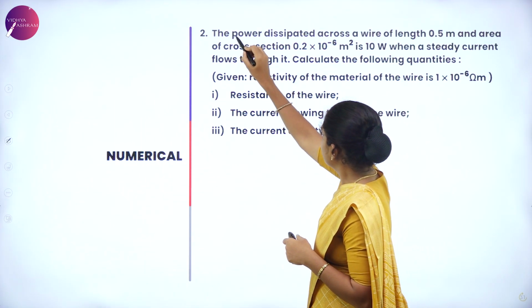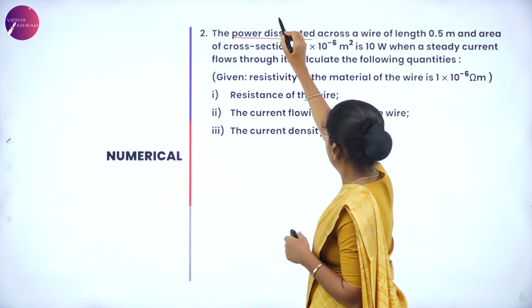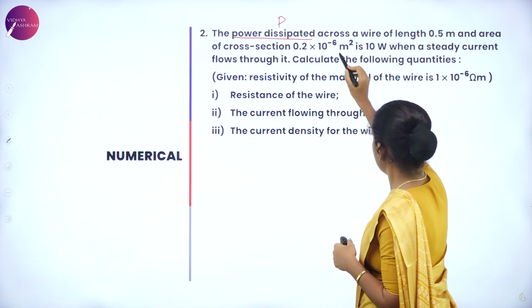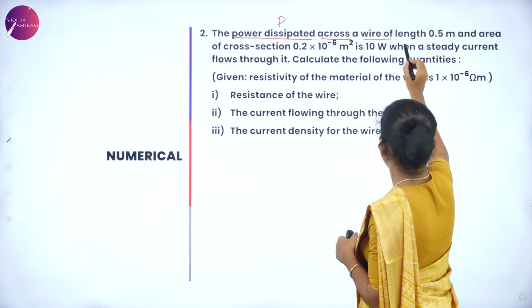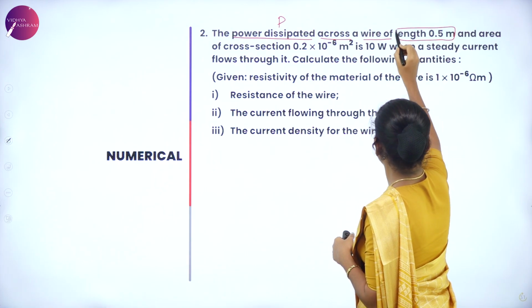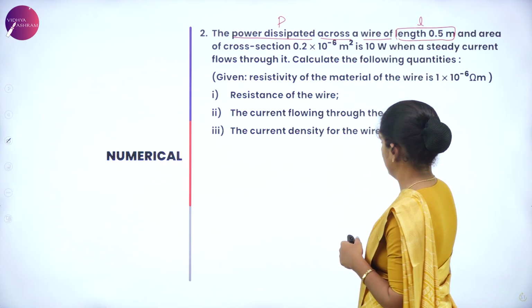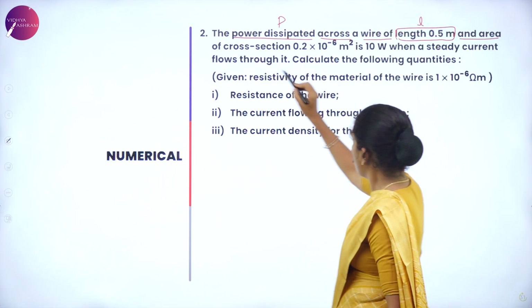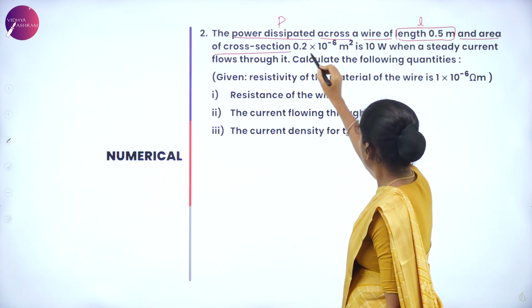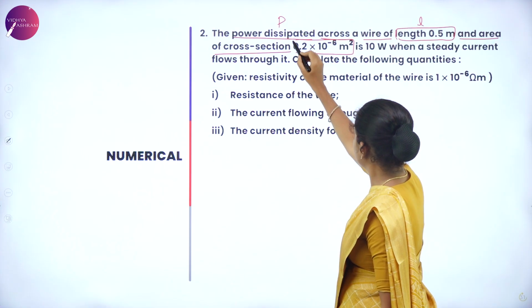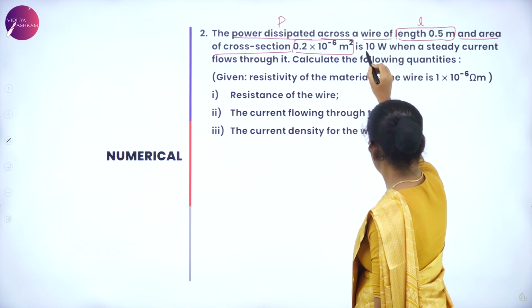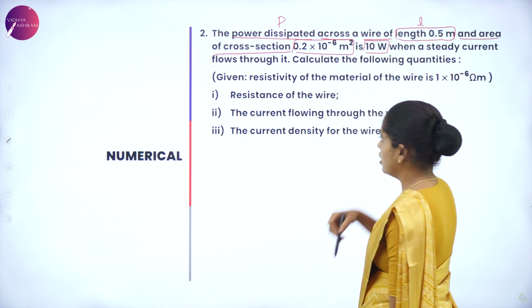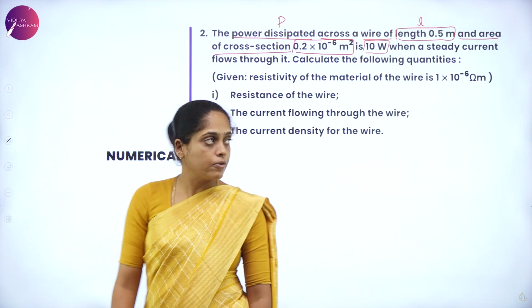In this, the power P dissipated across a wire of length, what is the length of the wire? 0.5 meter, and area of cross section 0.2 into 10 power minus 6 meter square, is 10 watt. The unit of power is watt.